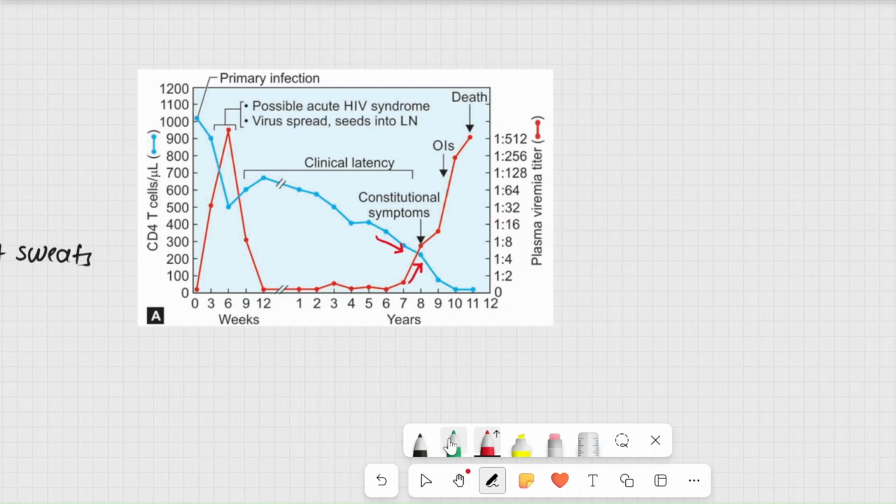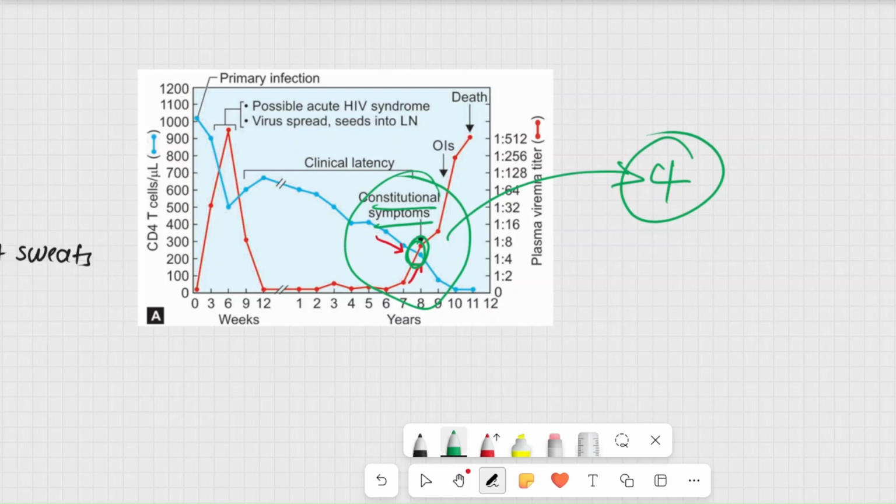It is at this point that the CD4 cell count is going to decrease, viremia is increasing, and the patient will start developing constitutional symptoms, guys. And this whole point is indicating the fourth stage, the symptomatic stage of HIV, guys.